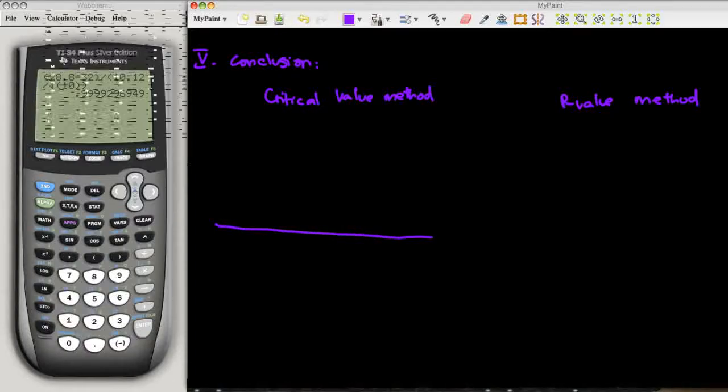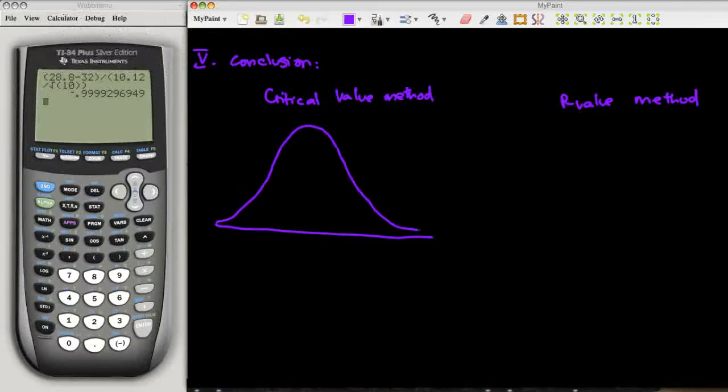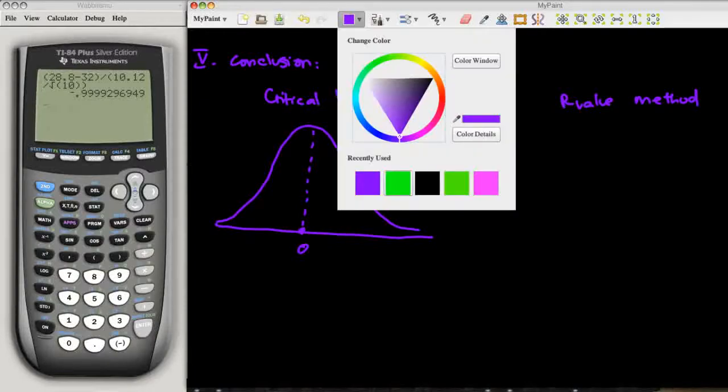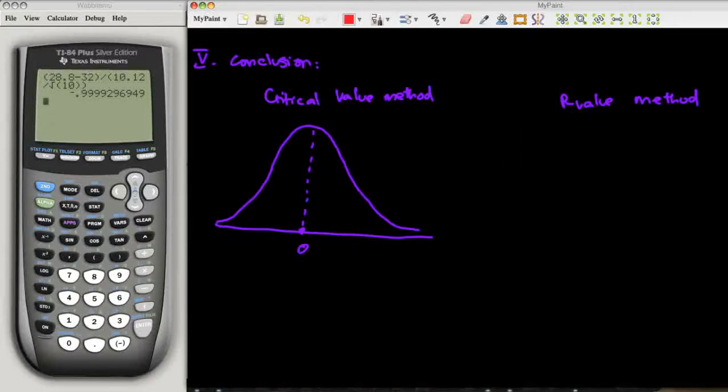So the test statistic has a t-distribution, and t-distribution looks very much like a normal, so that is my distribution. 0 is in the middle. And this is a right tail test, so the rejection region will be on the right side. So I'm going to sketch the rejection region on the right side.